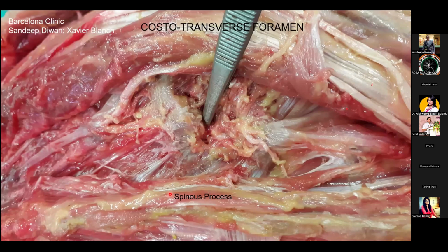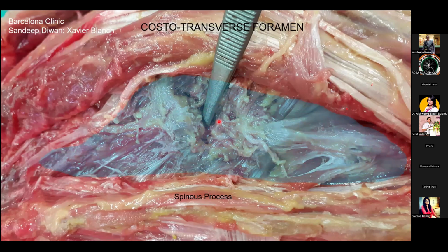Unless you find this particular route, what we had discussed, that is the costotransverse foramen. Through the costotransverse foramen emerge the dorsal rami along with the vessels, and this may be the path ventrally towards the paravertebral space. So probably, if you are trying to target this particular area, the costotransverse foramen, then the drug might reach the paravertebral space.